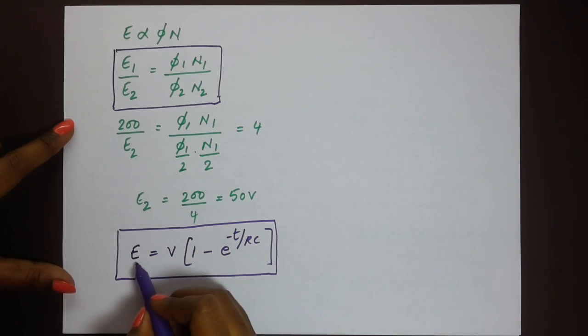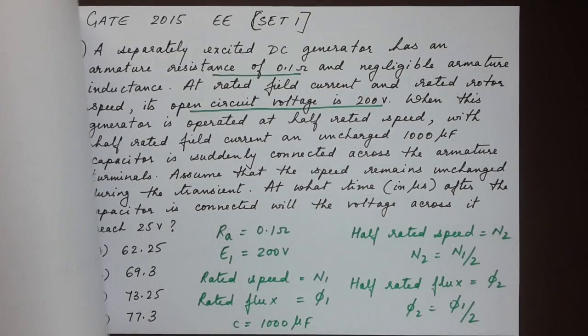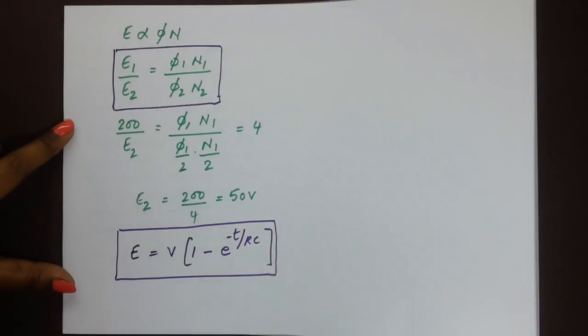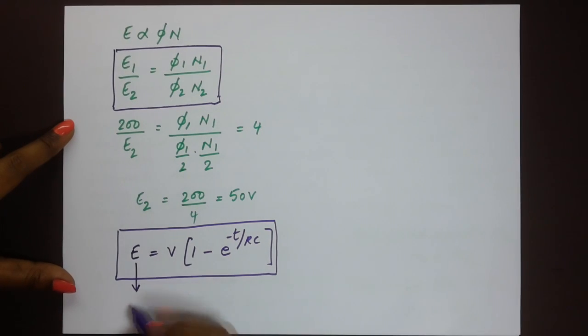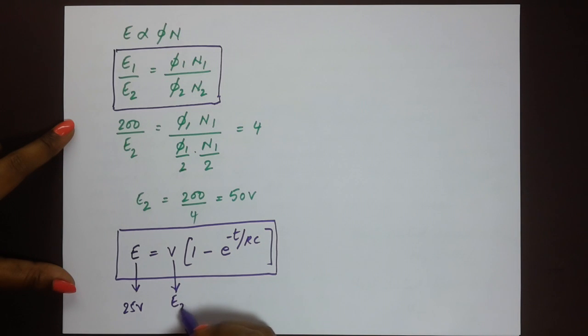So here E is the voltage which is given in the question. We have been asked to find out when the voltage across it reaches 25 volts. So this is 25 volts and this V is E2, the value that we just found out as 50.